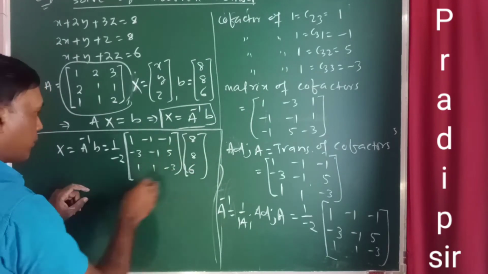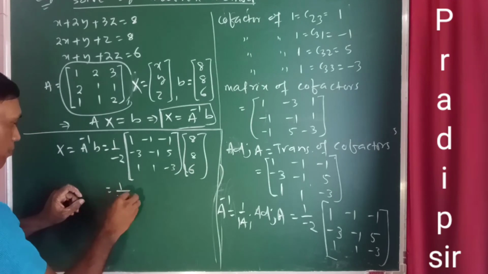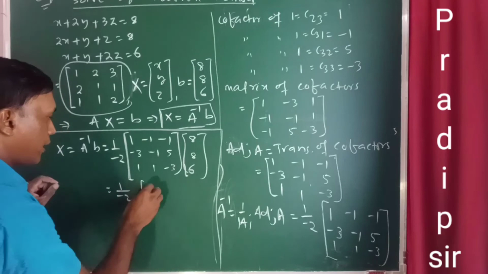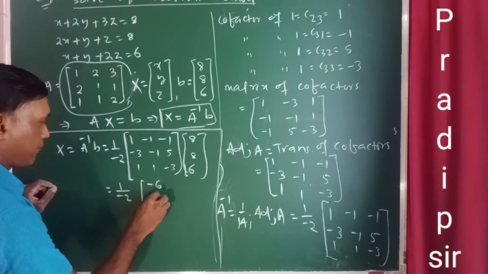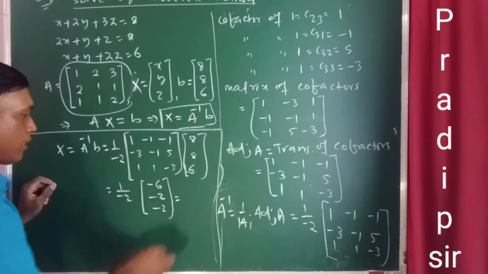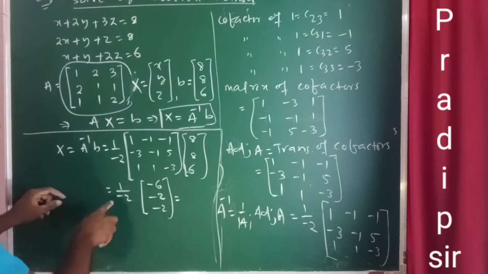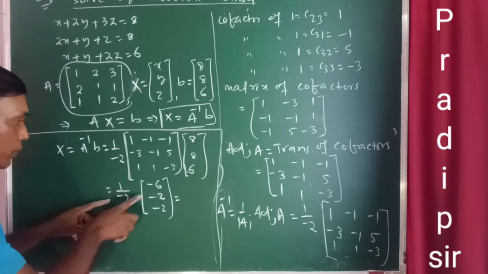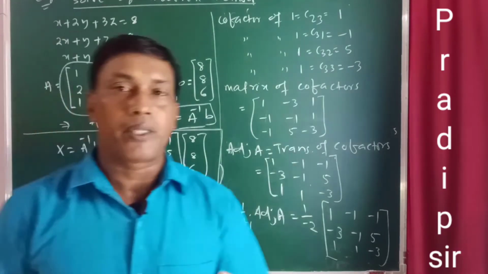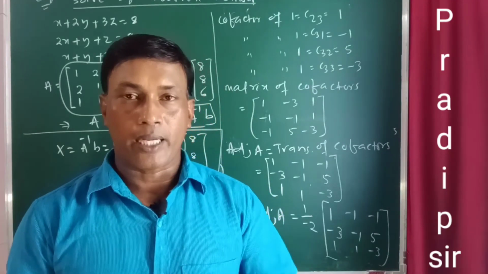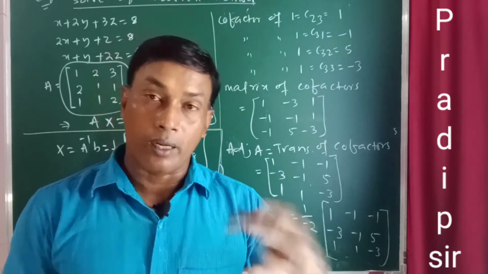Now this is equal to 1 by -2. If you multiply, then you will get -6, -2, -2, and you have to multiply 1 by -2 in every element. You know one property in matrix: if an element is multiplied in a matrix, that element must be multiplied with all elements.